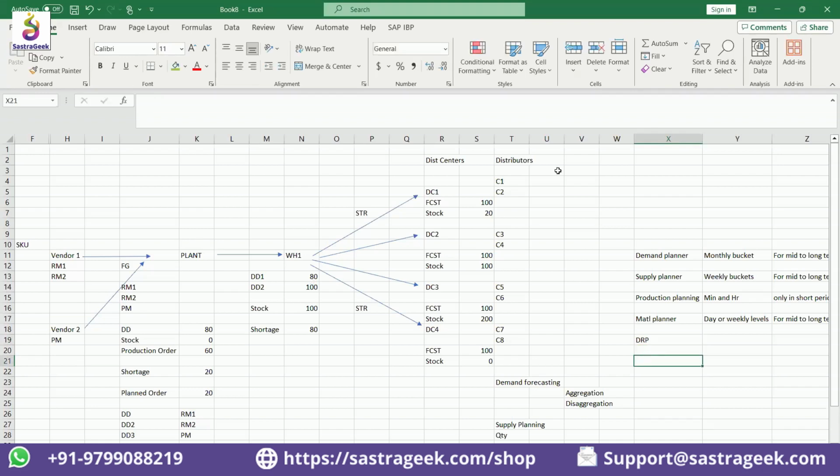Basically, when we were talking about net requirement calculation, we were talking about backward calculation from my customer-facing location, to my warehouse, to my plant, and to my vendor. However, the distribution requirement planner is focused only in the short term, to understand how much of goods I should be distributing to distribution centers 1, 2, 3, and 4 based on my firm elements, right? And that is a short-term focus.